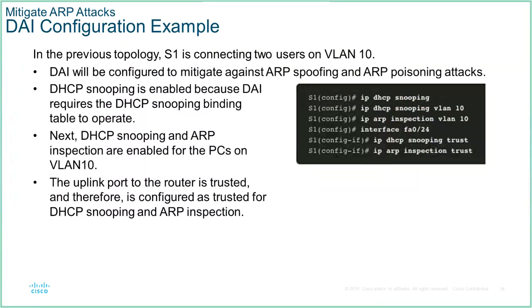Then when we go to our trusted interface, put IP DHCP snooping trust, and then we put ARP inspection trust as well. So this is telling the device that we trust the information coming from our trusted source, so not to take error disabling modes within that port, because that's a trusted source of our ARP and our DHCP. So let it flow through.